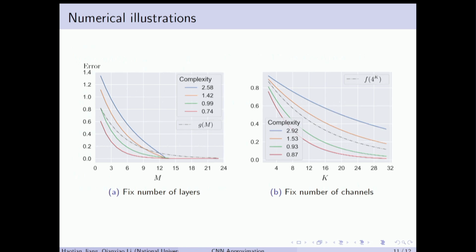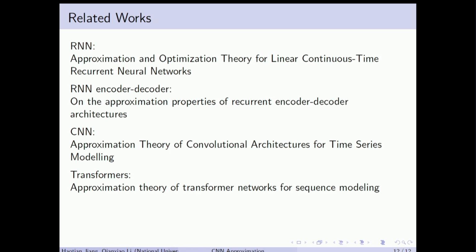Okay. So finally, I want to talk about why we want to consider the approximation theory here. We have done the approximation theory for different architectures, including RNN, encoder-decoder, CNN, and transformers.